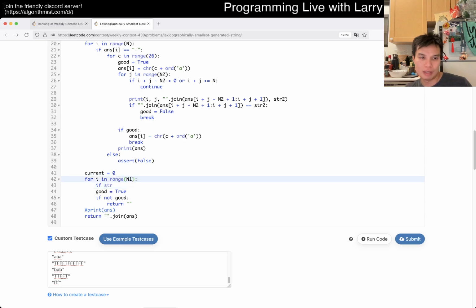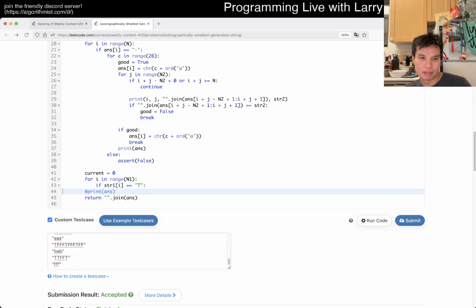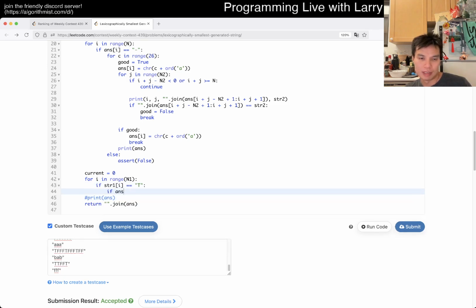this is n1, if string 1 sub i is equal to t, then we do the thing of, if starting from i, going to i plus n2 minus 1, n2 is equal to string 2. Oh, oops.